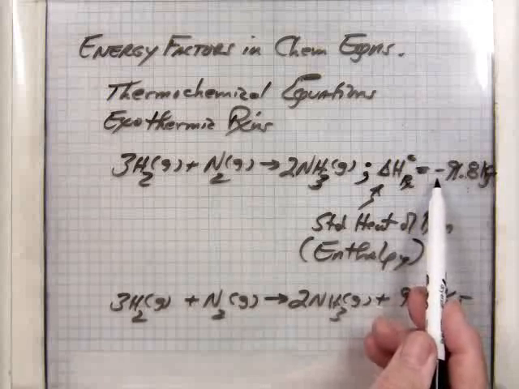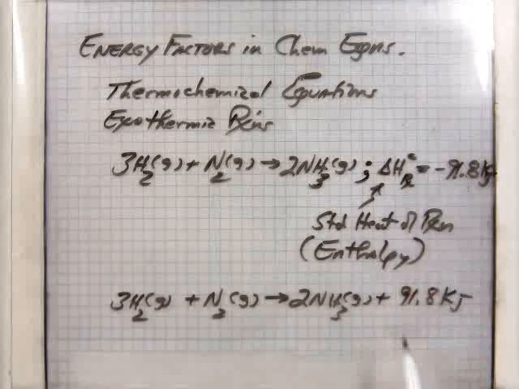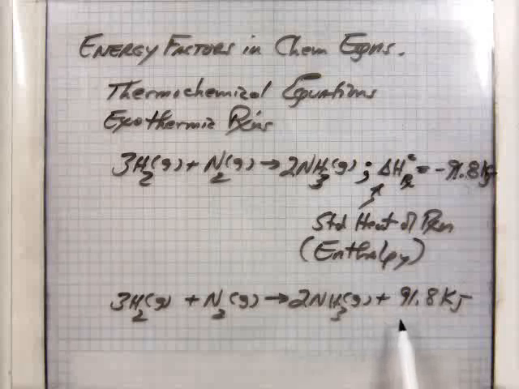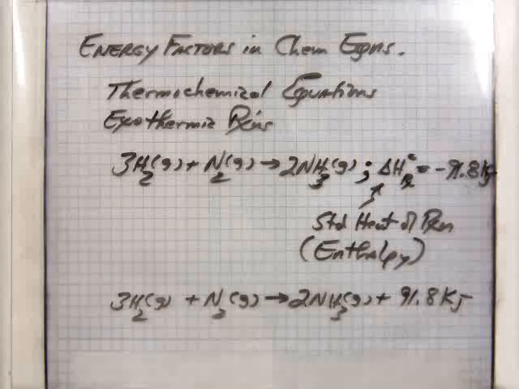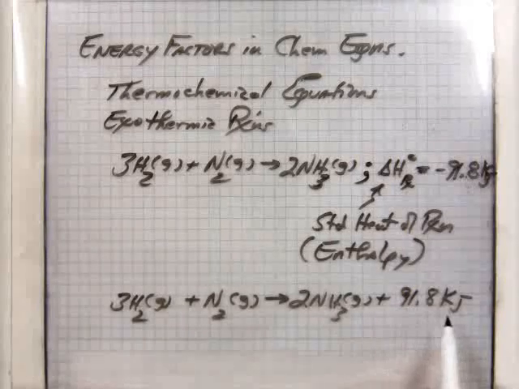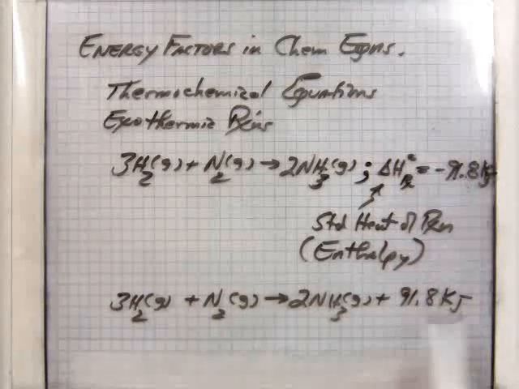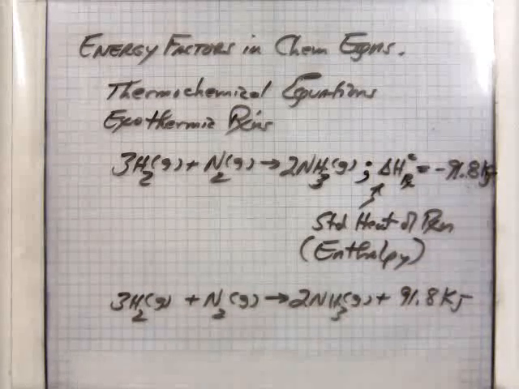But what says exothermic in this second example is that the number is posted on the product side. It means it's liberating energy from that system. So these 2 mean the same thing energy-wise. Both are exothermic. Both have identical energy numbers, but one is incorporated into the equation on the product side and indicates exothermic.